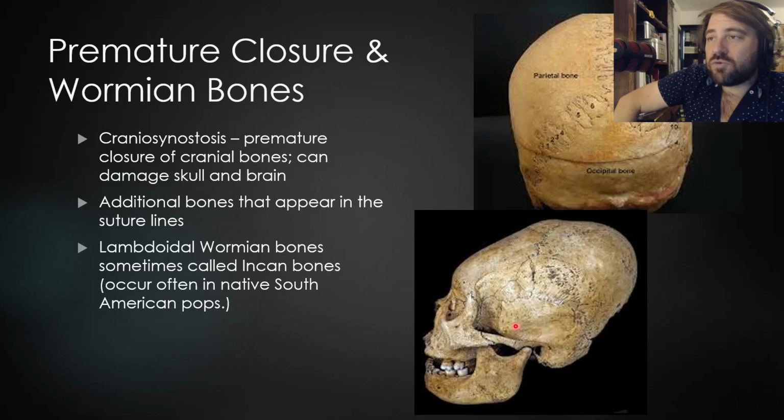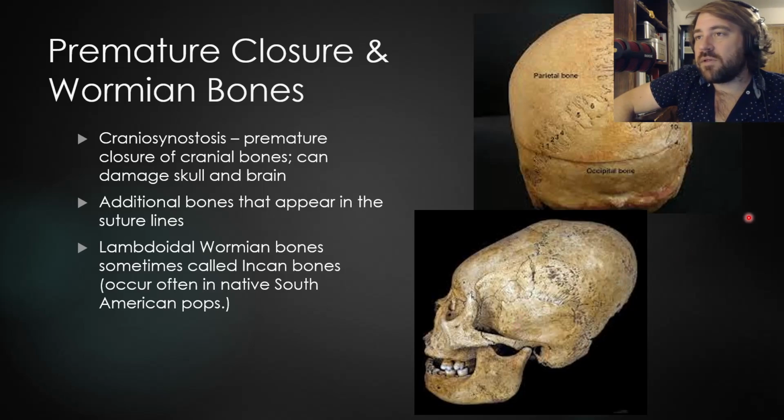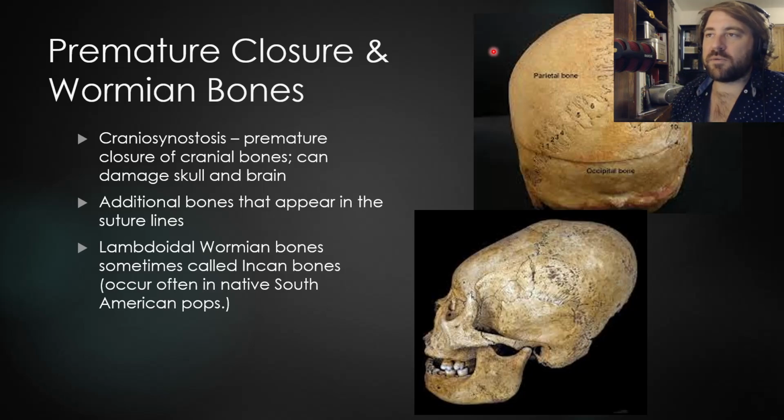That's actually not true, because the one on top, this picture on top, is not a stretched skull. This is just a regular skull found in the same region, and it's just a genetic thing. There are no pluses and minuses to Wormian bones. They just are an interesting thing that happens, a genetically linked trait.